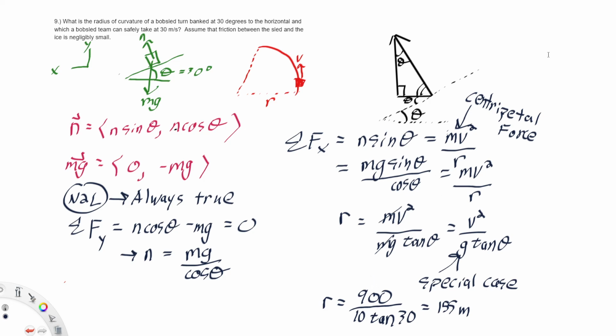Yeah, like a checklist, exactly. So for this formula, r equals v squared over g tan theta, your requirement is banked curve, circular motion, no friction.